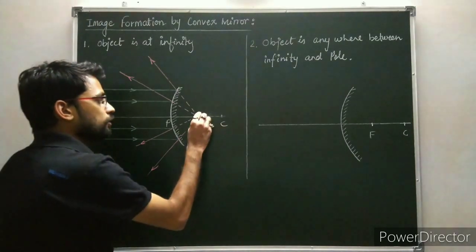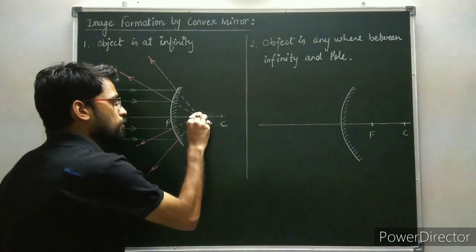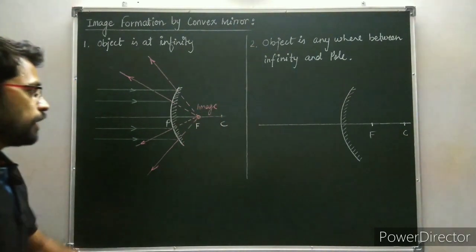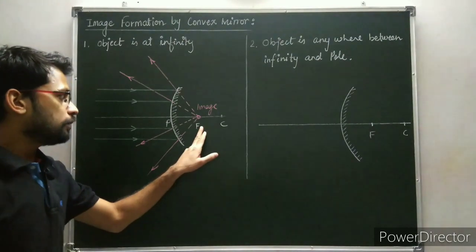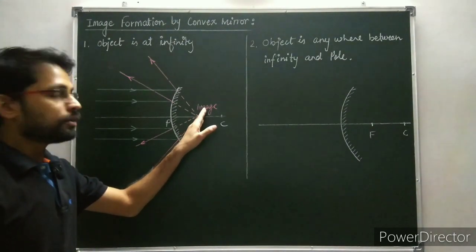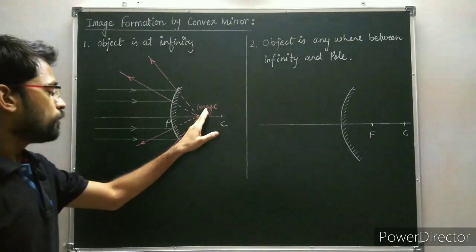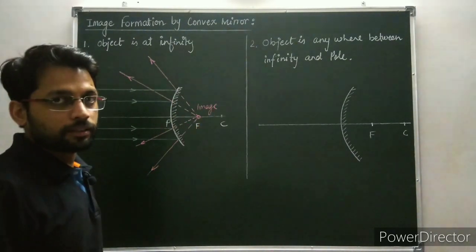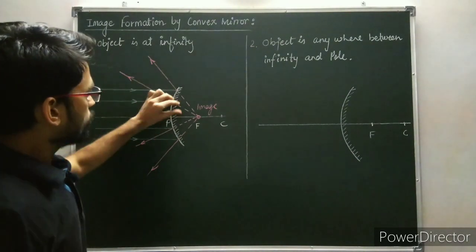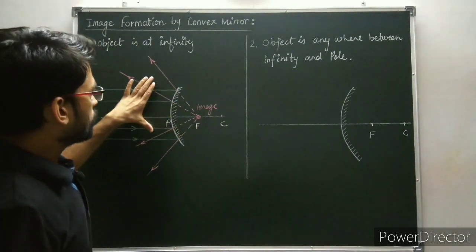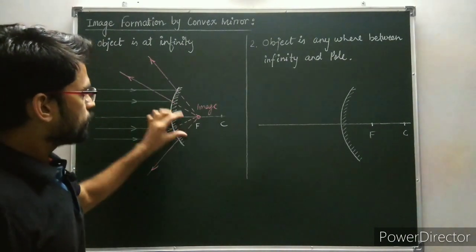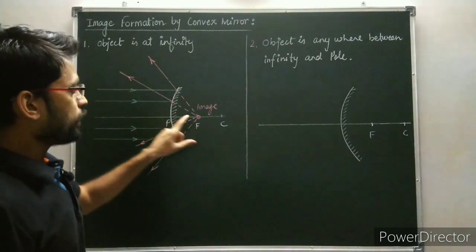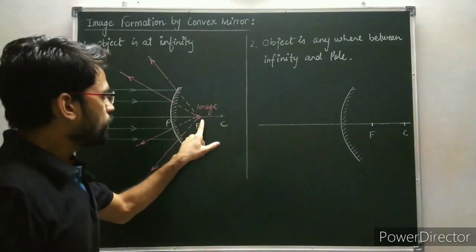So here at focus image is formed. Image is formed at focus, and this image is virtual, because image is formed behind the mirror, or the image is formed when the reflected rays appear to meet at a point. The reflected rays do not actually meet, they appear to meet.